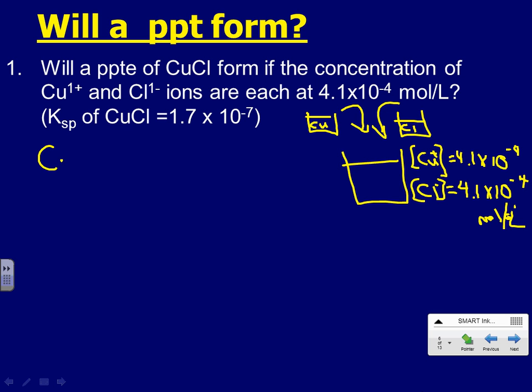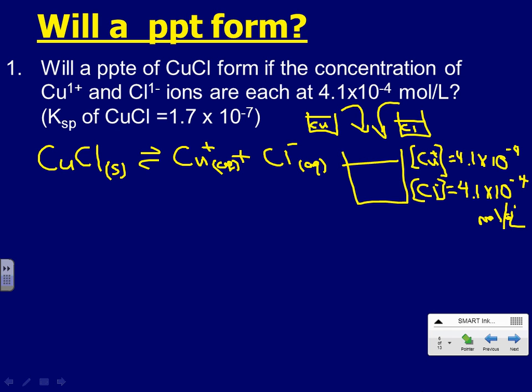Now, you don't necessarily need an equilibrium equation for this, but I'm going to write it out. This is Cu+ and Cl minus, aqueous. The only reason I'm writing this out is so that I can see what the equilibrium expression is.